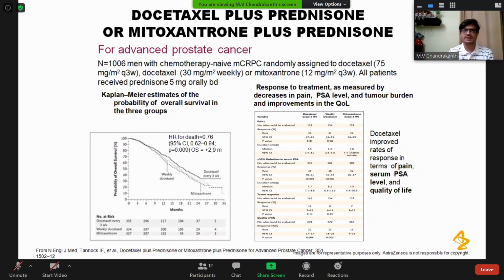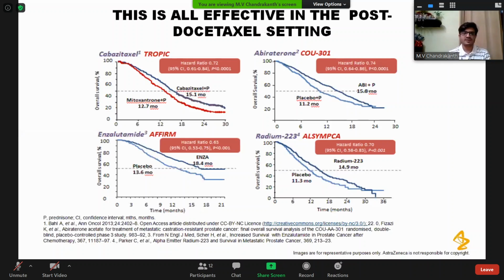So this made docetaxel the standard of care in castrate-resistant prostate cancer, and the comparator arm was mitoxantrone, and the endpoints were responses in terms of pain, PSA level, and quality of life, and it was not a PFS or overall survival.